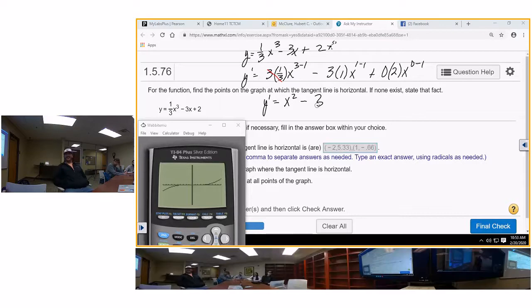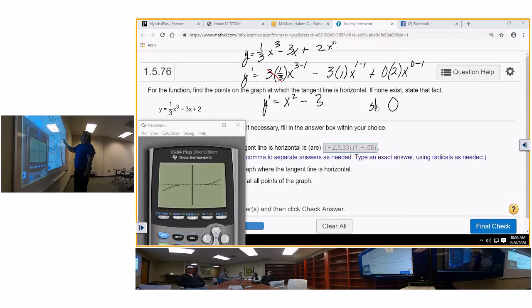So now, I'm going to set my slope equal to 0. I'm going to put 0 in for that right there. X squared minus 3. X squared is equal to 3. Take the square root of both sides. X is equal to positive or negative 1.7.